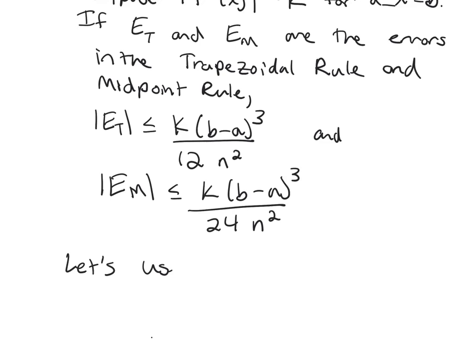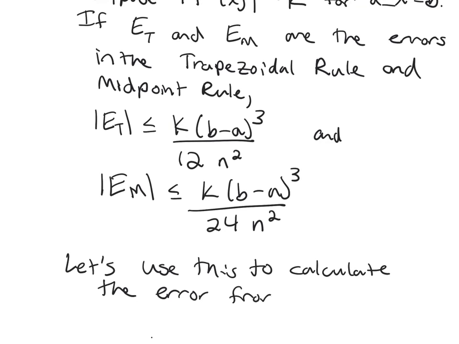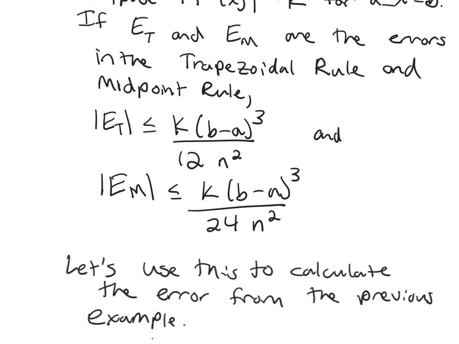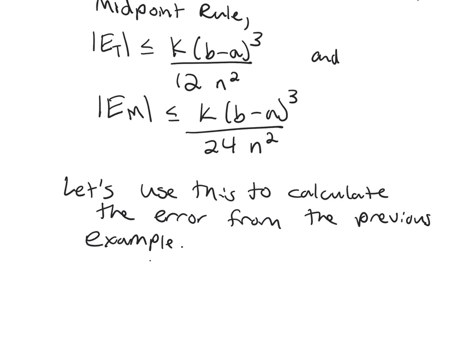So let's use this to calculate the error from the previous example. In order to do this, I told you that you had to know something about the second derivative. You needed a bound.